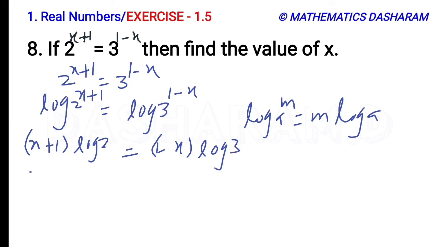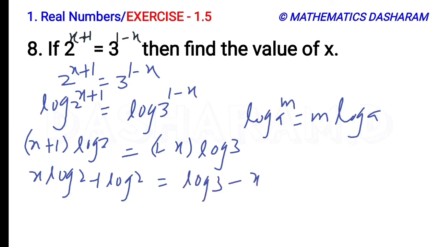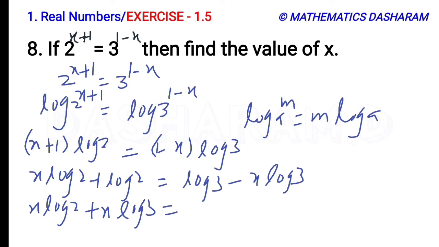So next, x into log 2 plus 1 into log 2 is log 2. 1 into log 3 is log 3 minus x into log 3. Write x terms on one side, constants on the other side. So x log 2, and this minus x log 3 transposes to the left side as plus x log 3. Next, the constant log 3 plus log 2 will become minus log 2.